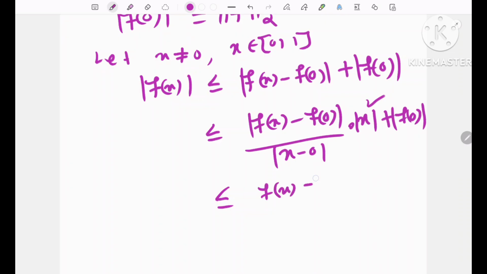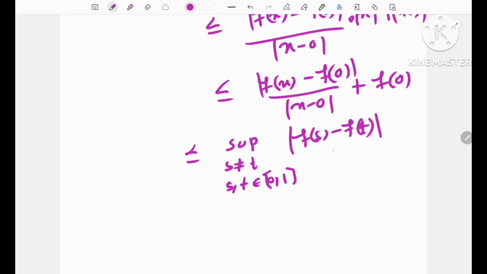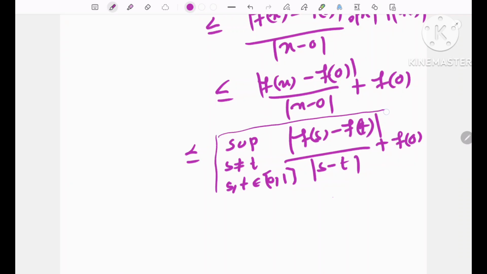So it is |f(x) minus f(0)| divided by |x minus 0| plus |f(0)|, and this quantity is dominated by the supremum over s not equal to t, s, t belonging to the closed interval [0,1], of |f(s) minus f(t)| divided by |s minus t|, plus |f(0)|.